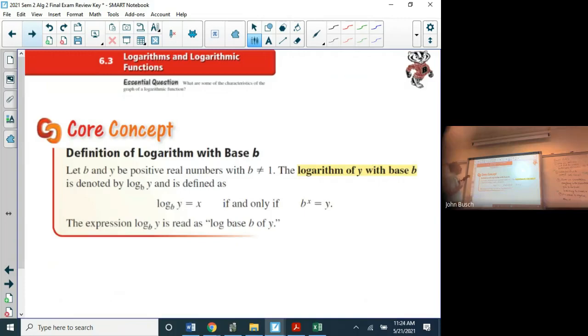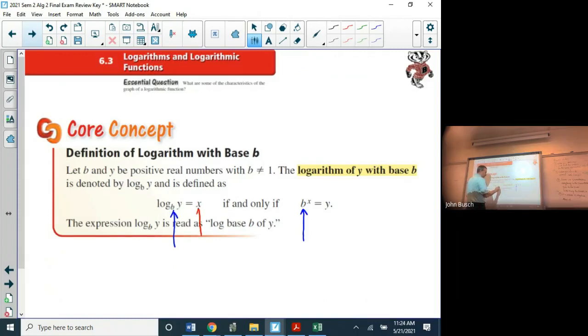Definition of a log with base B. So are we in the new section, 6.3? Yep, and we're talking about logs. And logs, remember, have a base, and the corresponding position in an exponential is the base of the exponential. Logs equal a power.